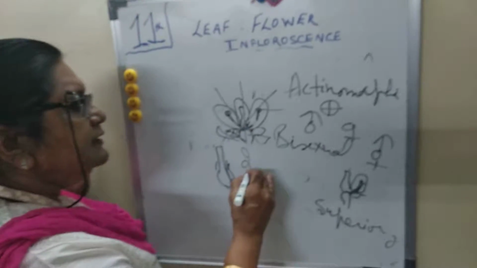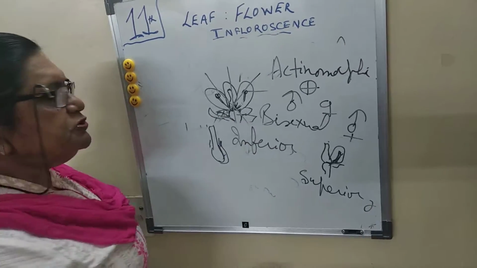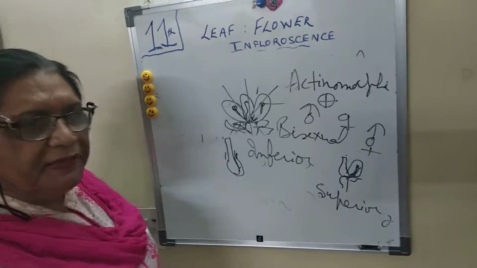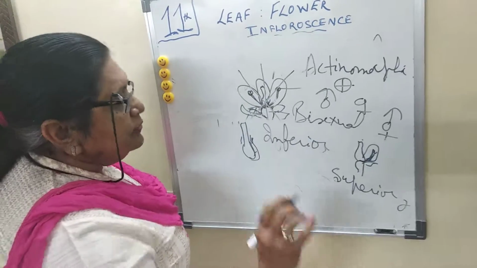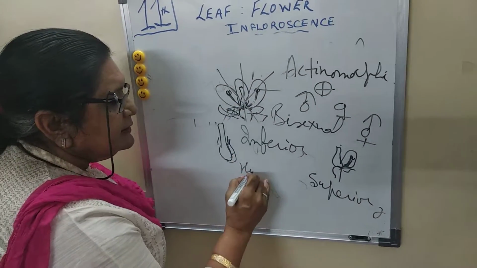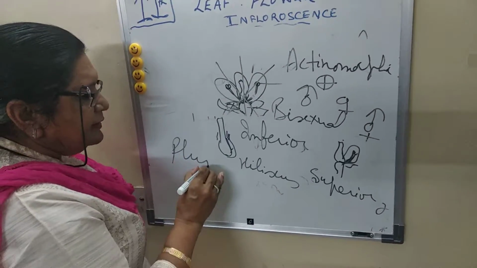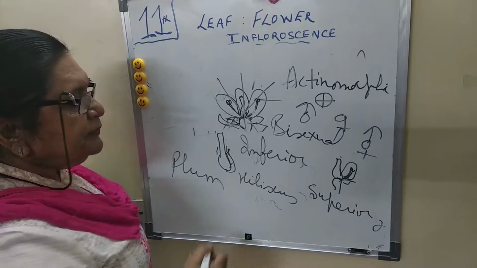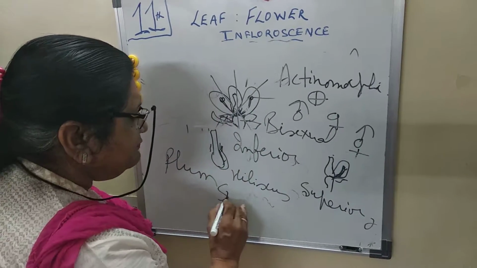So in perigynous also it is inferior, because in hypogynous the ovary is superior, and in epigynous it is again inferior. You have to learn the examples: hibiscus, then plum for perigynous, and epigynous is sunflower.